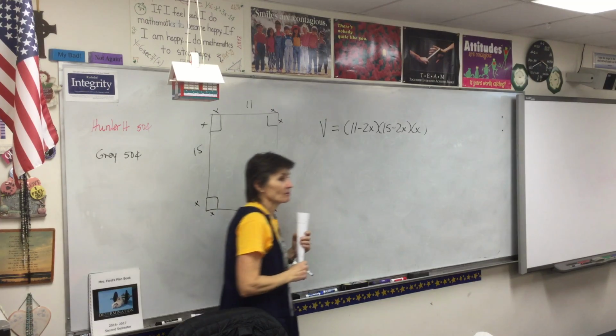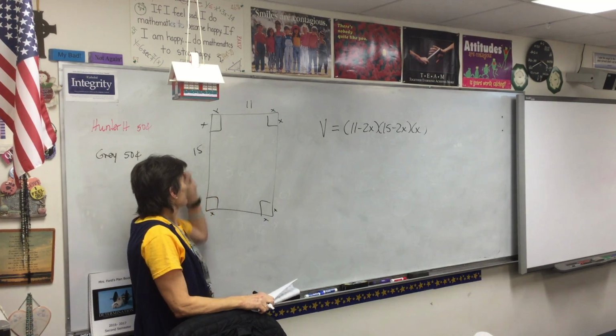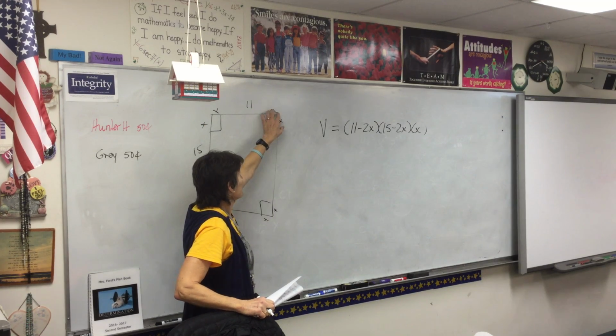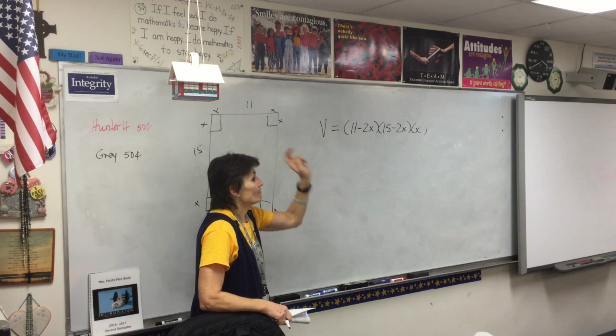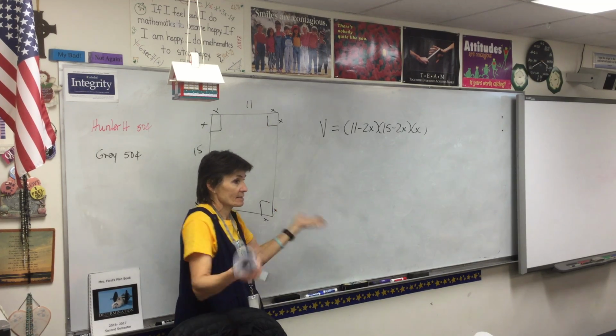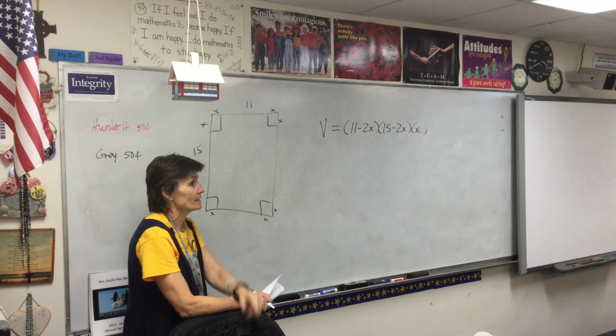Beautiful. Length times width times height. Remember? It's 11, but you're cutting an x off both sides, so it's 11 minus 2x. 15 minus 2x. And then these get folded up, so the height of the box is actually x.